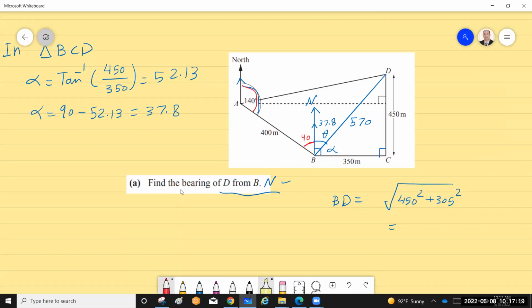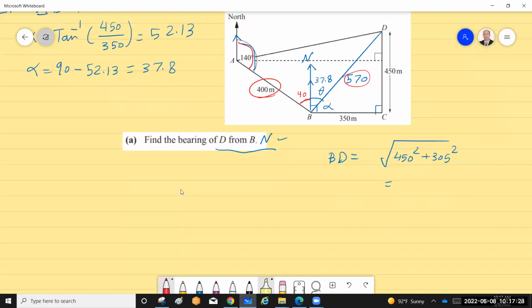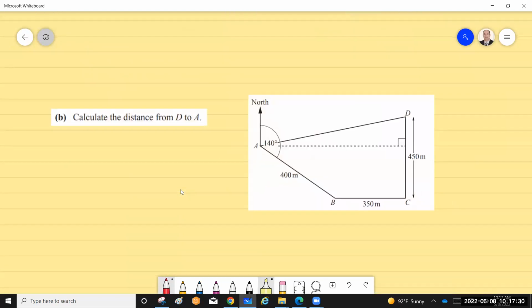Now in this triangle, I have two sides and the included angle, 40 plus 37.8. This side is 570, as I told you, and the sum of the two angles is about 77.8.